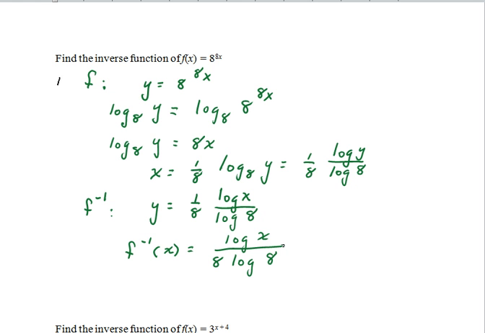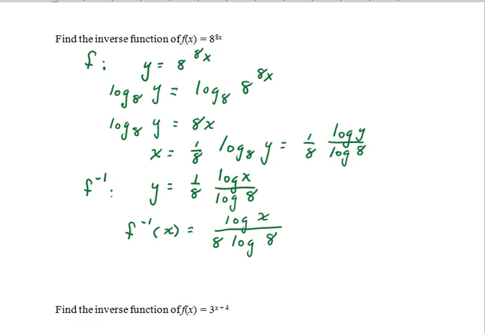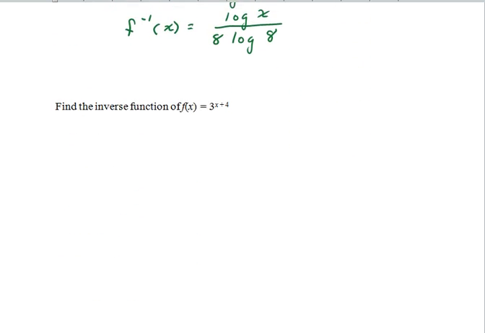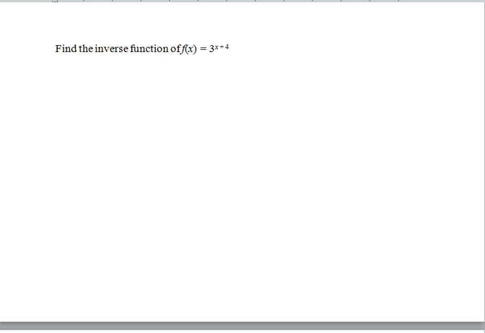In the next example, we also have an exponential function. We have f of x equals 3 to the x plus 4. And so the two-variable equation is y equals 3 to the x plus 4. Let's take the common log of both sides now.